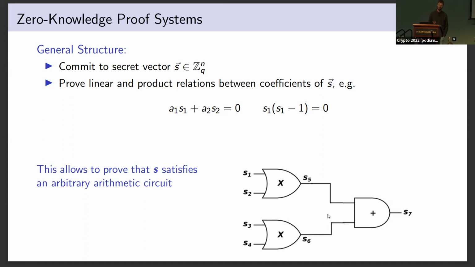If one has these two ingredients, then one can actually prove that the vector s satisfies some arbitrary arithmetic circuit. And an arithmetic circuit is just a circuit where the gates are multiplication and addition gates over some finite field.